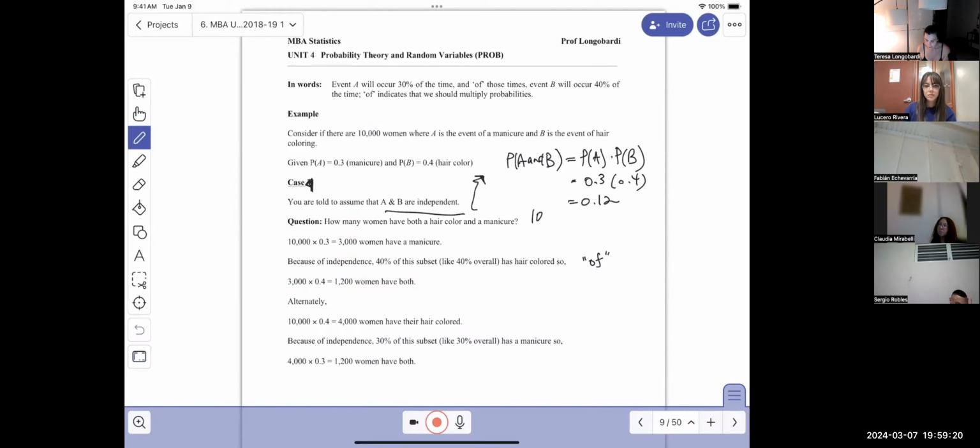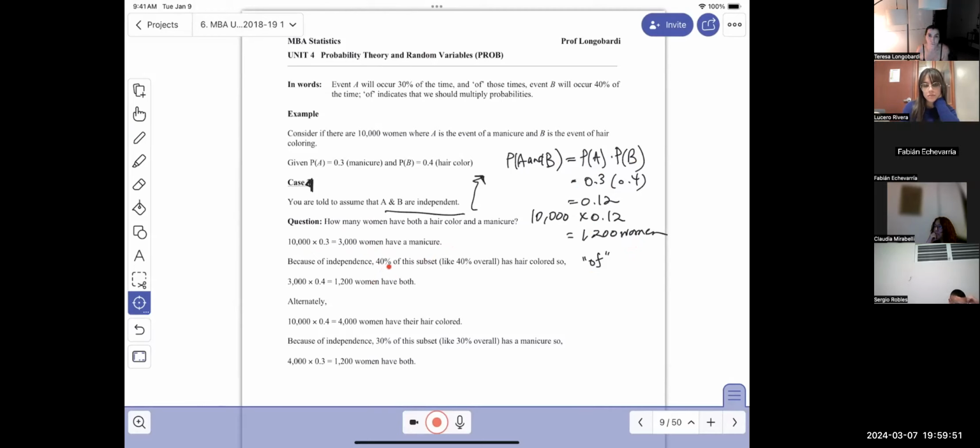And then if you took the 10,000 of the women and you times by 0.12, what do you get? So mathematically, you get the 1,200, but I'm trying to show you step by step what it means to be independent. It means that in the subset of women with a manicure, it doesn't matter they had a manicure. The chance that they have their hair colored too doesn't change. It's also 40%, just like it is of the general population.